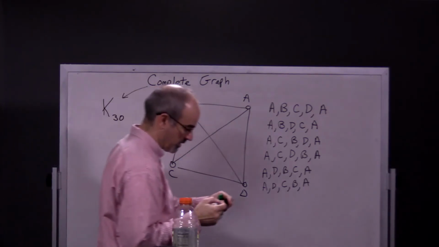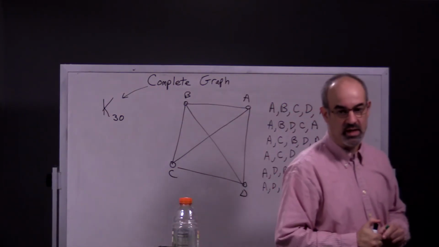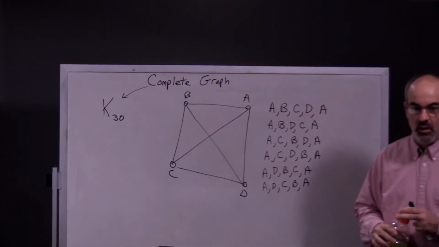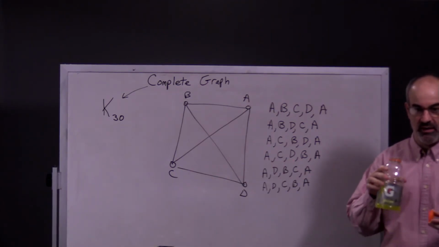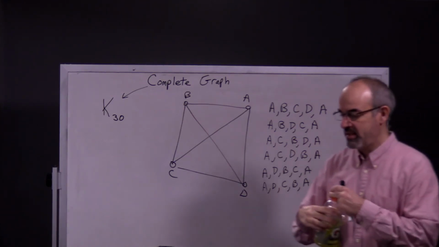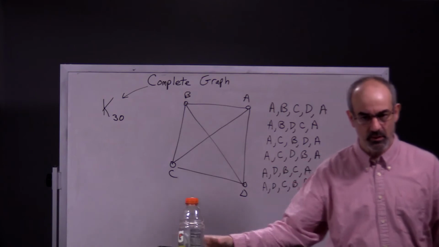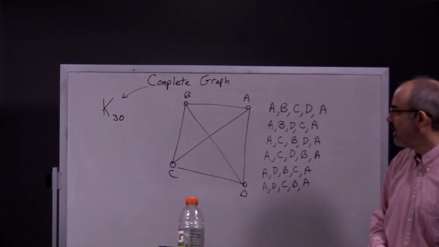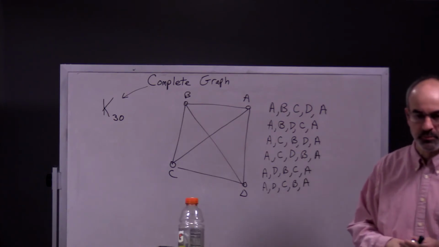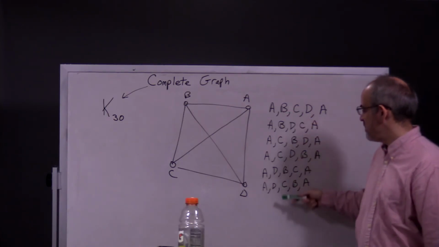If N was 30, what would happen? Well, obviously you'd have 30 different vertices, but what does that mean? Well, it'd be a lot bigger, right? Well, how many of these would you have over here?